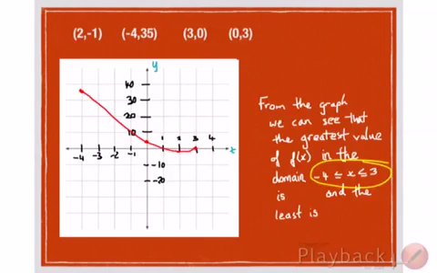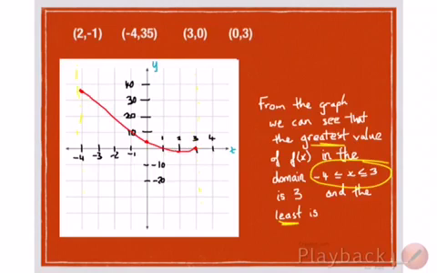Okay, so now I can look at that graph and I can see that my lower boundary is at negative 4 and my upper boundary is at 3. What I need to do is find the greatest value and find the least value. So my greatest value from my graph on the left hand side is 35. Within those boundaries my graph never goes above 35.